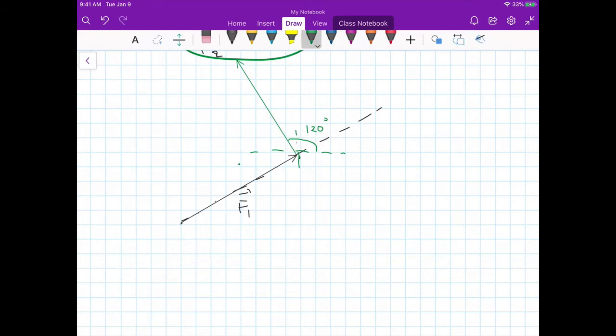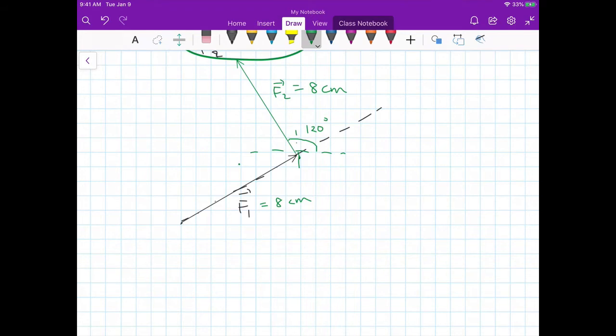The length of this one is 8 centimeter, as we already said, the magnitude of force 2 in centimeters.